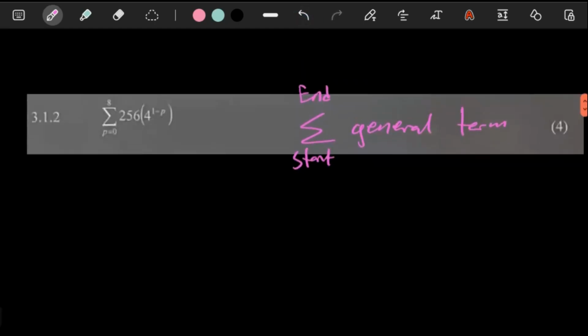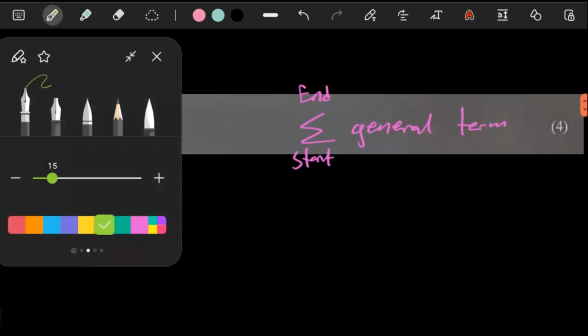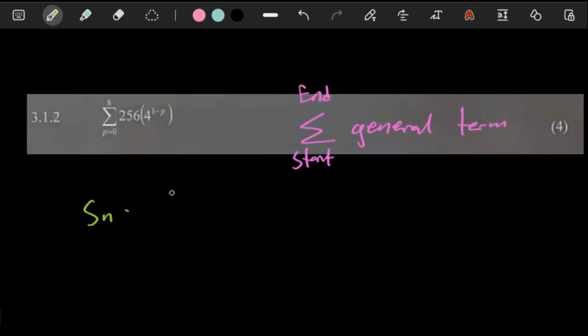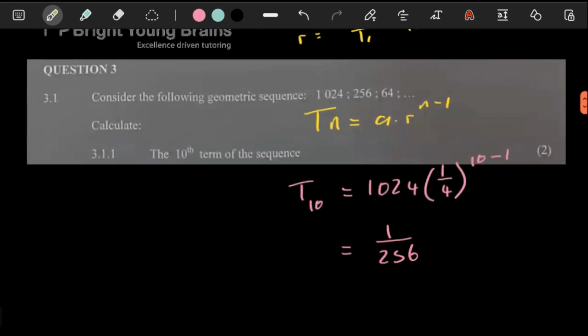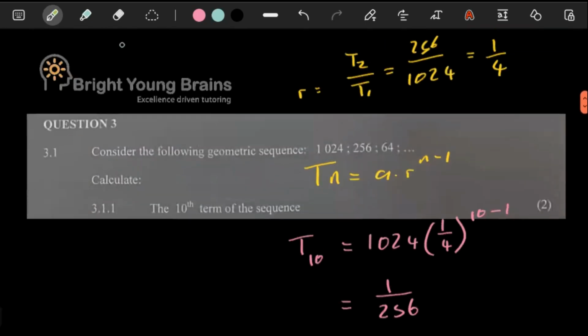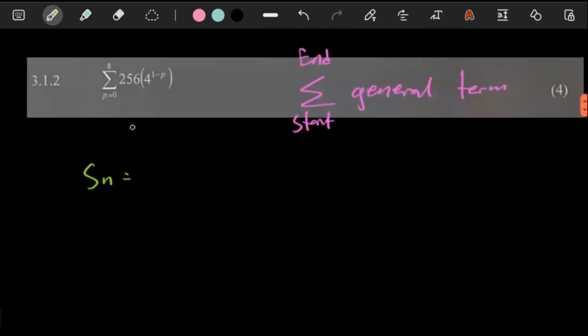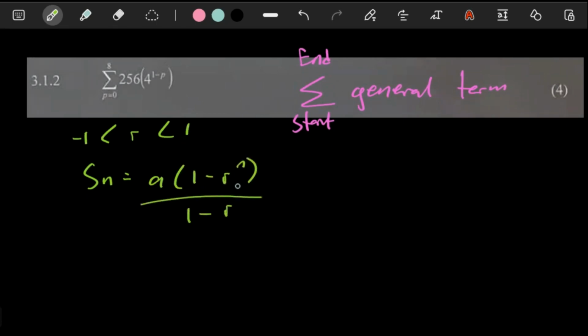Because this is geometric, the moment you see sigma, you should be thinking of the Sn formula. As long as r is bigger than -1 and smaller than 1, it's easier to use the formula where the 1 starts. The other one, where these are swapped around, is easier when your value of r is a big value, not between -1 and positive 1.